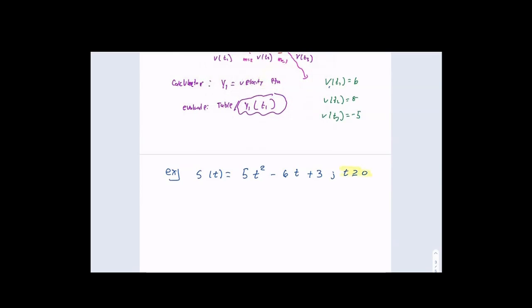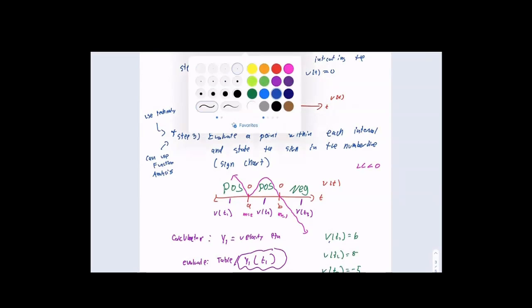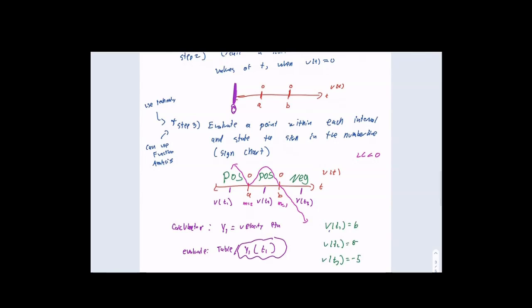I want you to also note here that because t is greater than 0, sometimes I'll do like this and say here's 0, because we only care about the values of 0 onward. So the idea is that our interval starts at 0, when we're talking about motion.